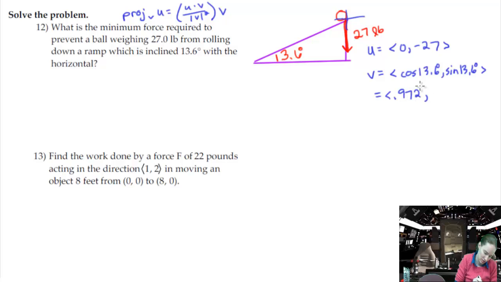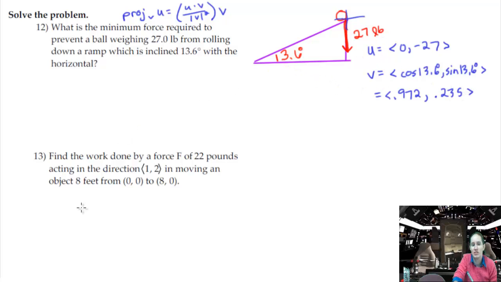And sine of 13.6 degrees is 0.235. So now we have u and v.